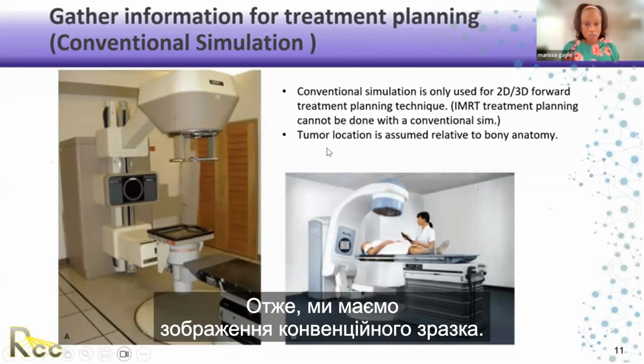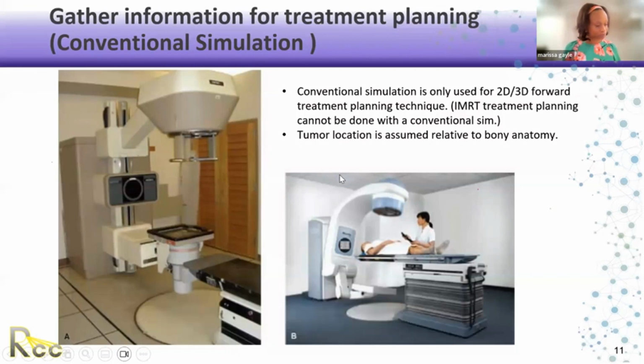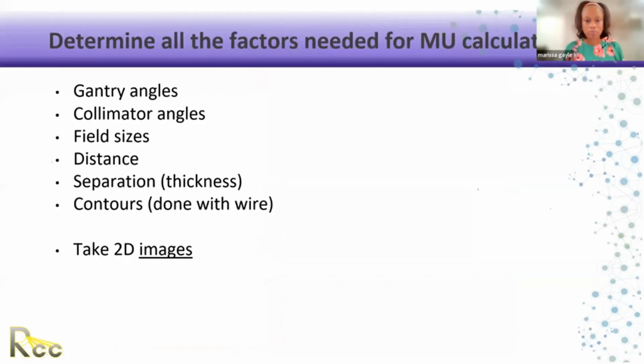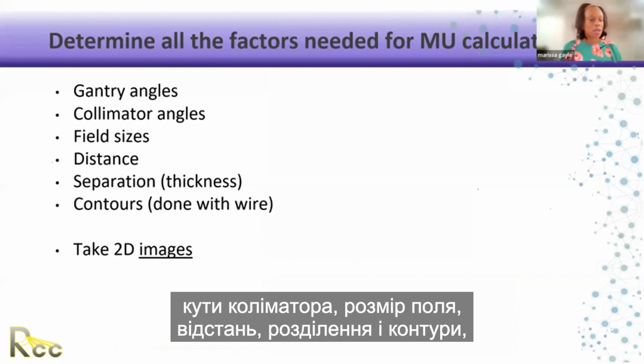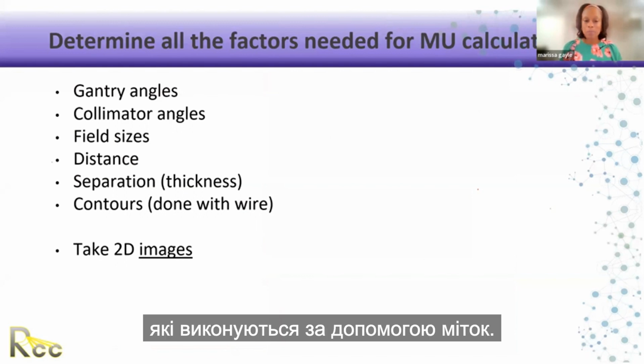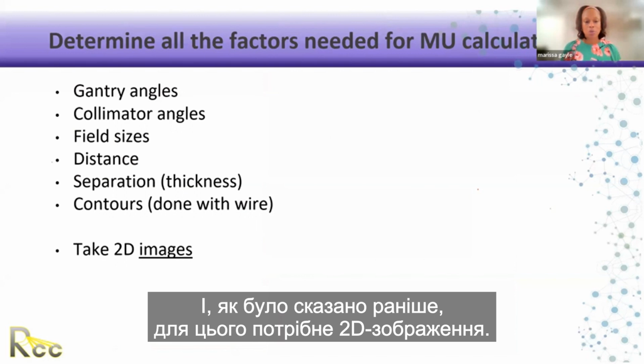So we have a picture here of the conventional sim. As I said before, it's going to determine the gantry angles, the collimator angles, field size, distance, separation, and contours, which are done with wires. And like was said before, it takes a 2D image.